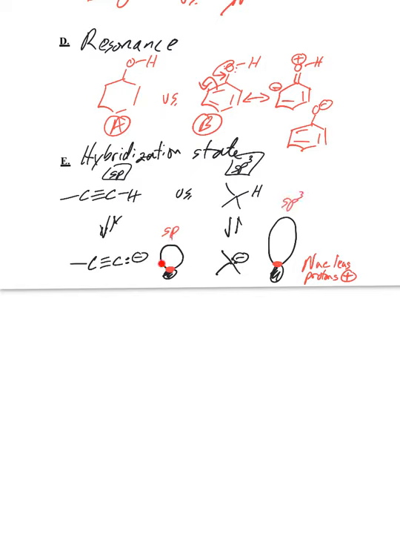Putting a lone pair in here makes it close to the nucleus, which makes it more stable. Putting a lone pair in here makes it farther away from the nucleus, which makes it more reactive. So in this case, why this is acidic is not because of reactive starting materials. It's because you form a stable product. Versus this is very unstable because the electron density is in this sp3 orbital, which is really far away from the positively charged nucleus.